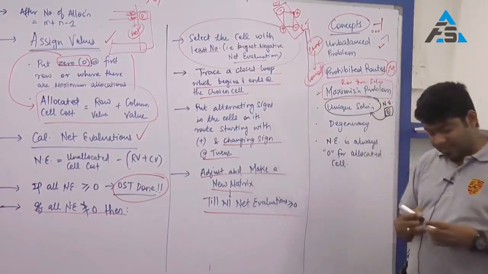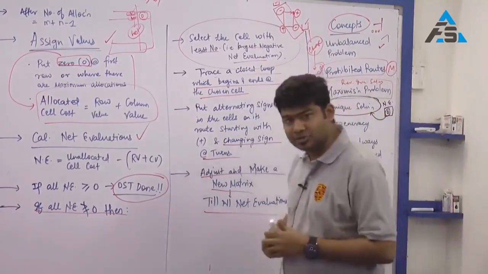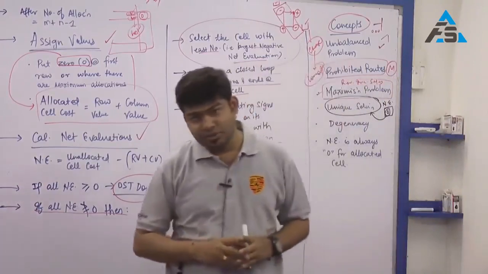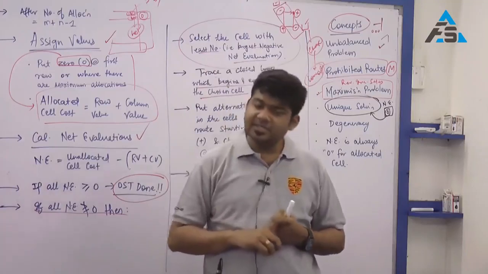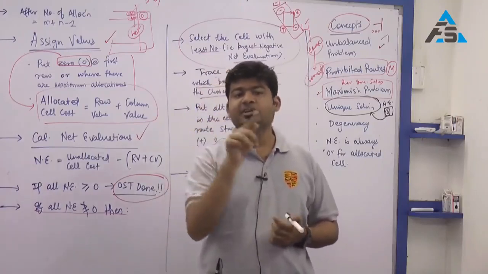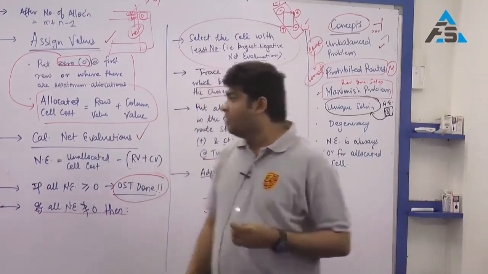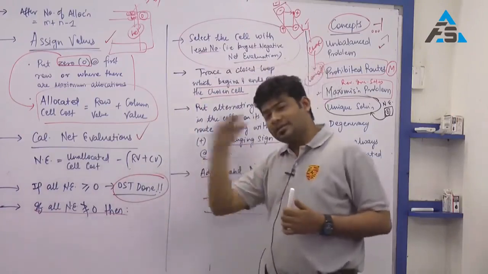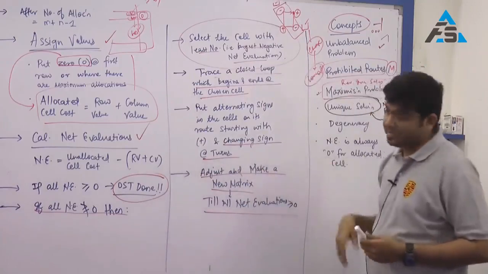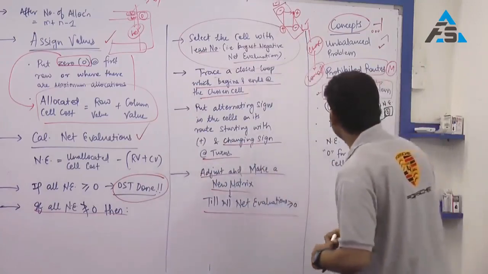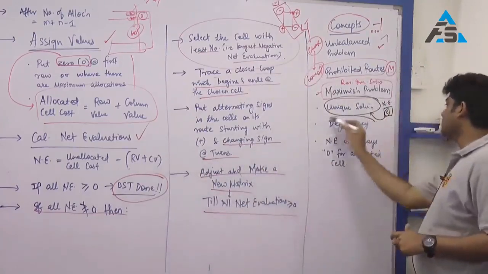And there is a possibility that you may have to find out the unique solution. In order to find it, first we will check whether net evaluation is 0. If there is a net evaluation which is 0, then we will draw a loop from there. Once we draw a loop from there, the normal process of allocation will start, and we will say that yes, an alternate solution exists.